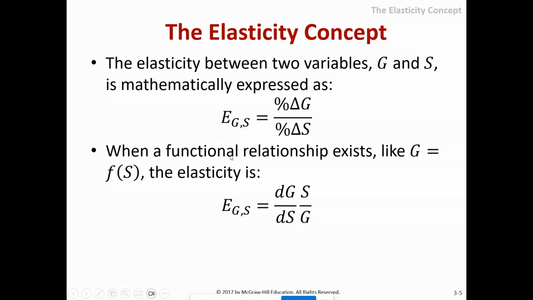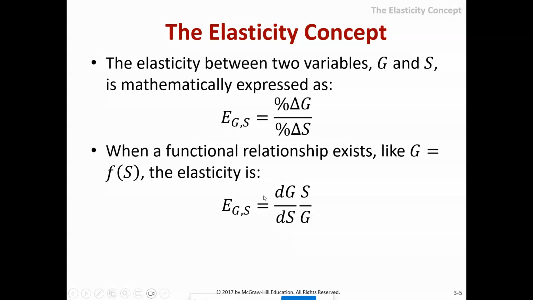And in math, whenever a functional relationship exists, G can be expressed as a function of S. Then the elasticity of G with respect to S is equal to two parts.